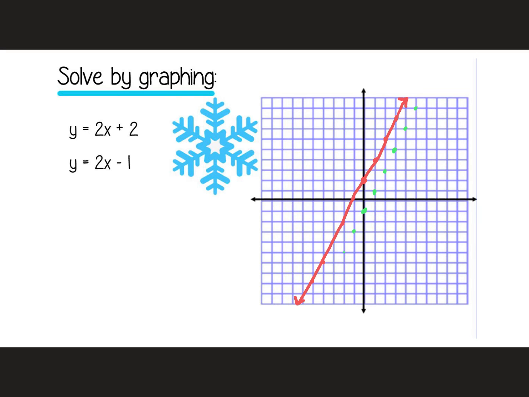Okay, so now I'm still plotting points because I don't have a point of intersection. It's going to be hard to see because my lines are not drawn perfectly. But these two lines, they're never going to intersect. And we call lines that don't intersect parallel. So these are parallel lines. And if they never intersect, then they're not going to have an answer. And so the answer to this would just be no solution.